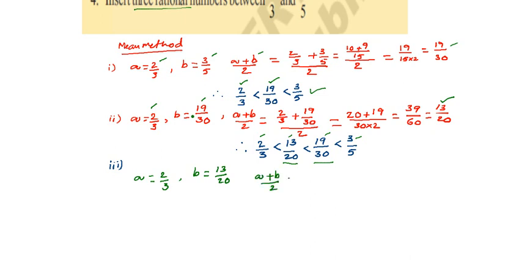That means 2 by 3 plus 13 by 20, by 2. a plus b by 2.